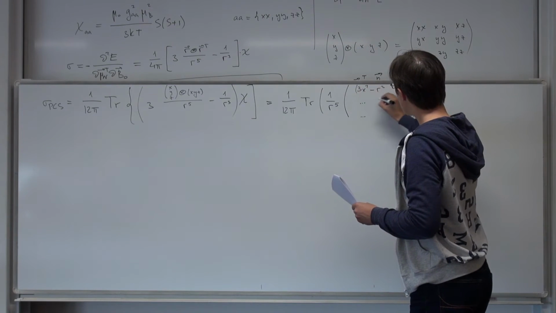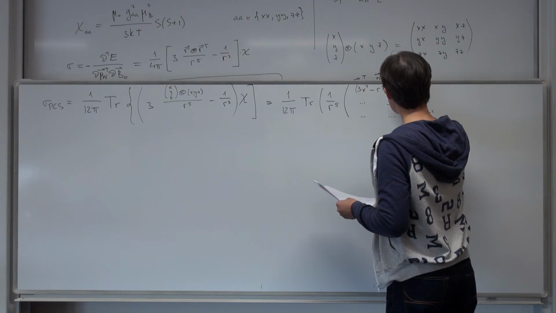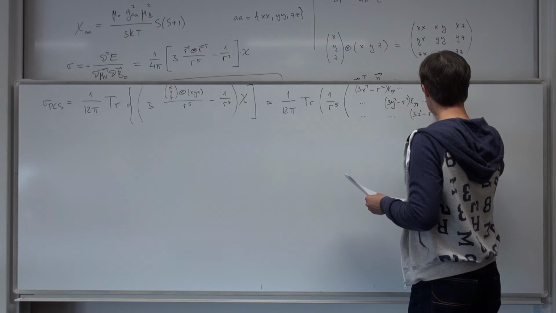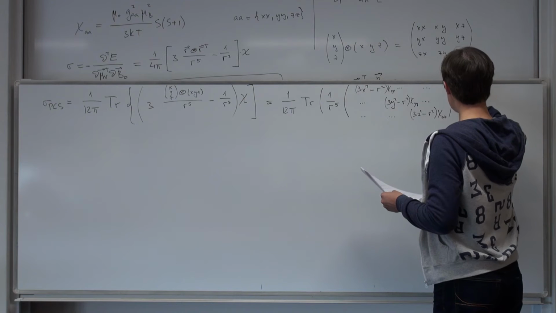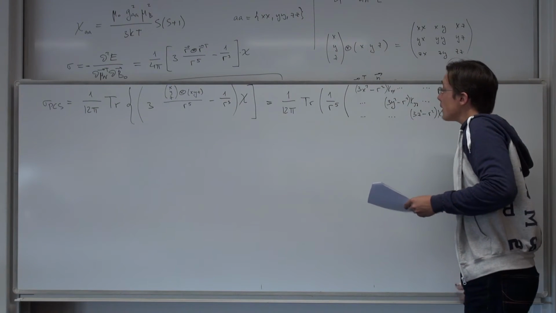They should be multiplied by the corresponding elements of the susceptibility matrix, so chi xx, chi yy, chi zz. And now the trace of this is the sum of the diagonal of the matrix.